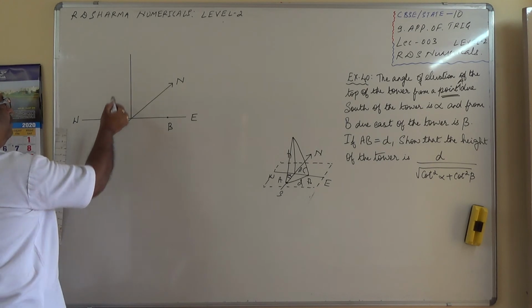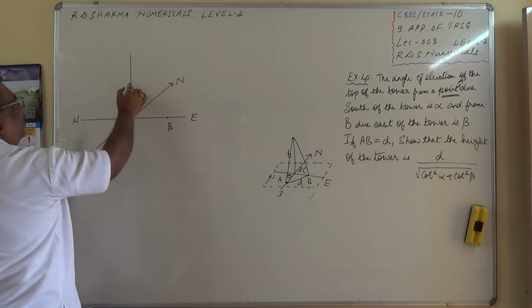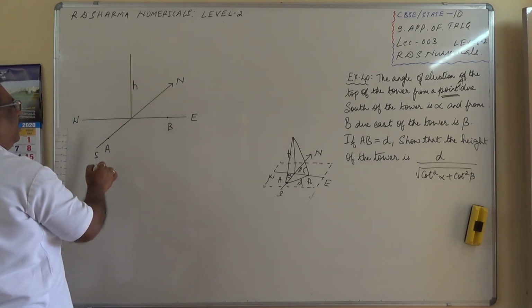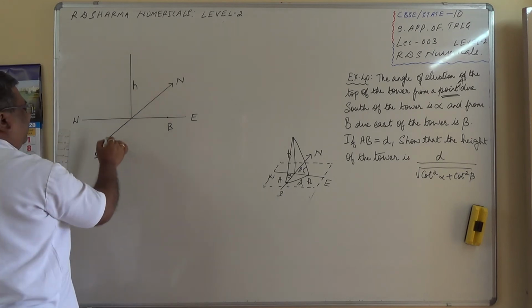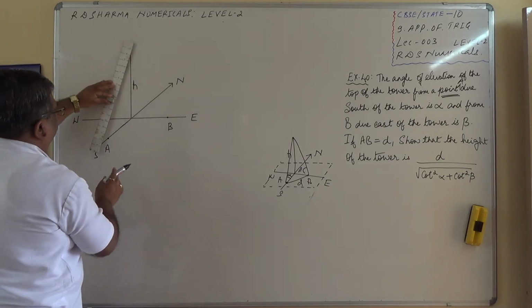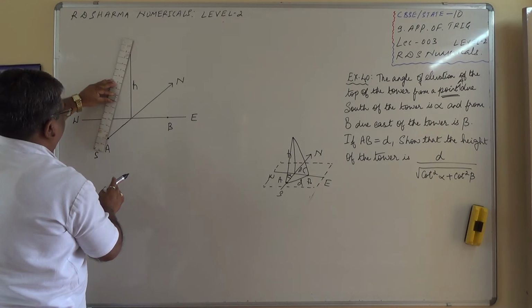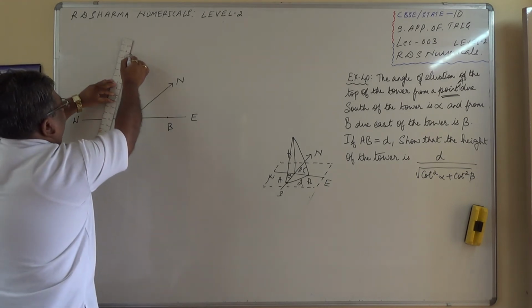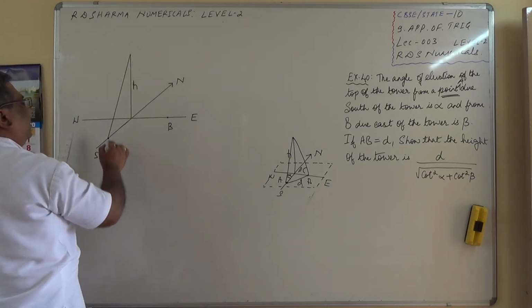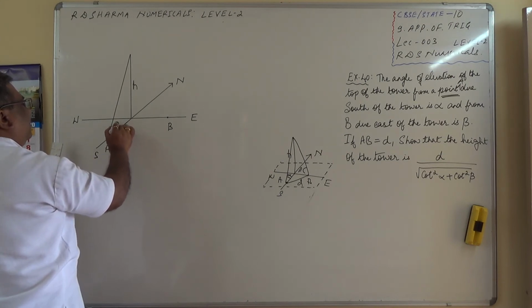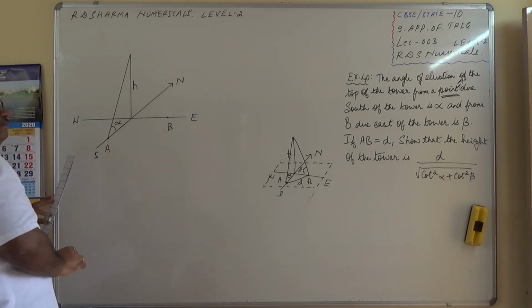From here, if I look at the top of the tower, which is height h, the angle of elevation of the top of the tower from this point is alpha. So I will join A and the top of the tower. This angle equals alpha.